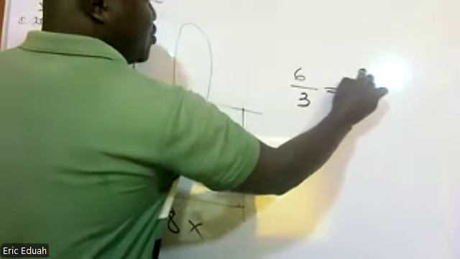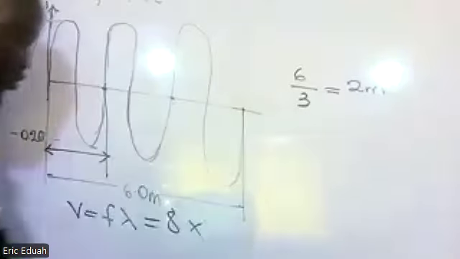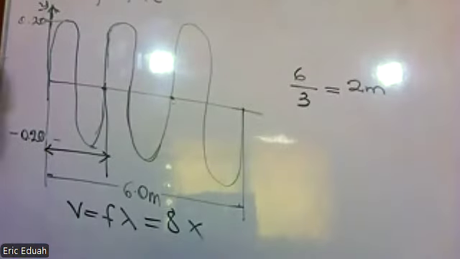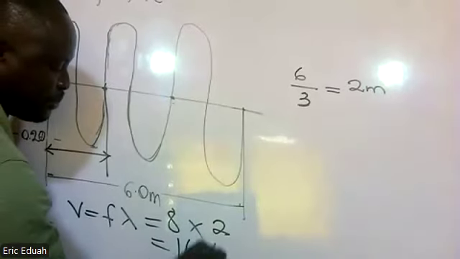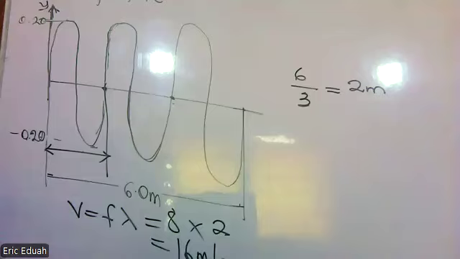So the wavelength will be 2 meters. If 2, then 8 times 2, 16 meters per second.